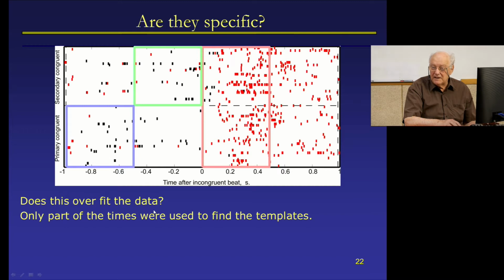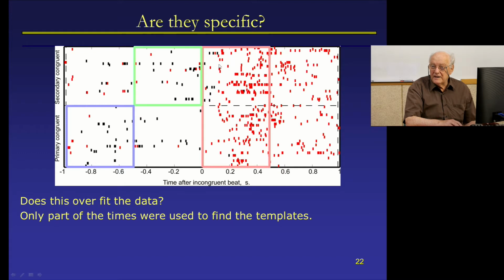Now, does this overfit the data? We actually use the data to find the sequences, and now we see the sequences there. But not all the time was used. For the incongruent bit, we used all the pieces of data in this pink rectangle. But we see many red ticks also outside this.